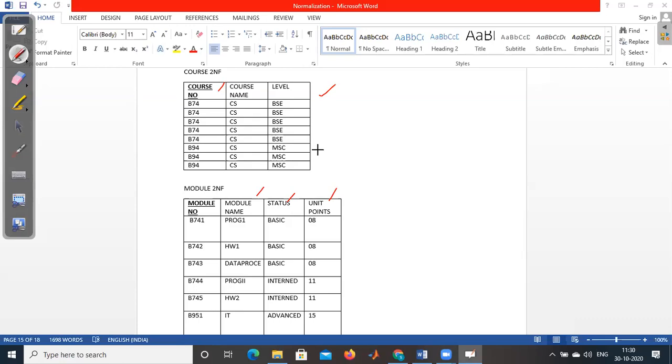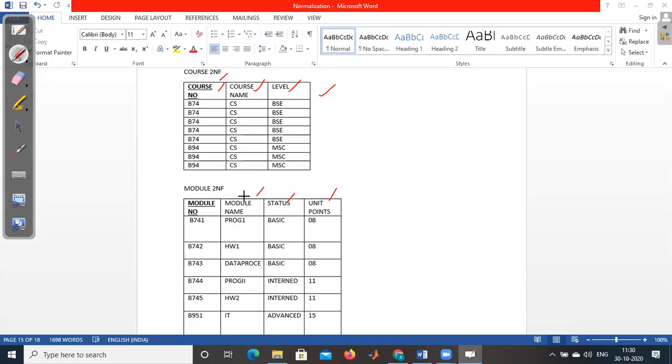We have to check whether all these are in the third normal form or not. In this table, is there any transitive dependency? Course name and level are fully dependent on course number only. So there is no transitive dependency.